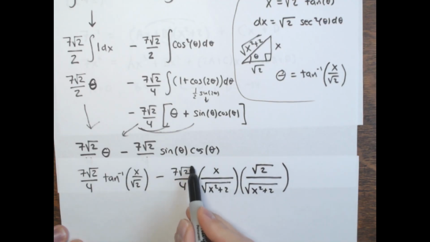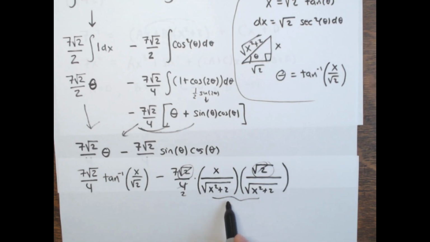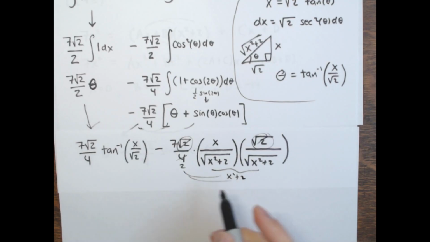Square root of 2 times square root of 2 is 2, which goes into the 4 twice, so those are gone. And these make x squared plus 2 down here, and I'll distribute the 2 to get 2x squared plus 4.